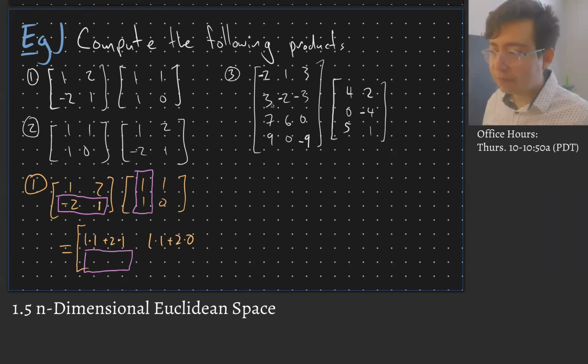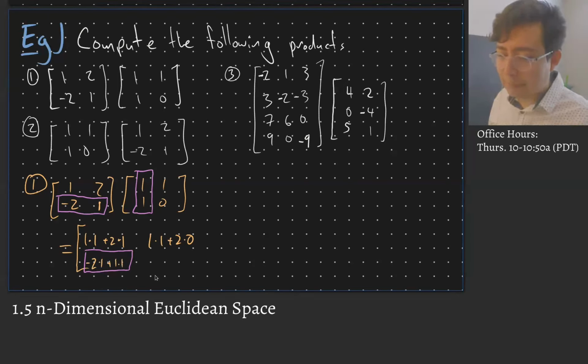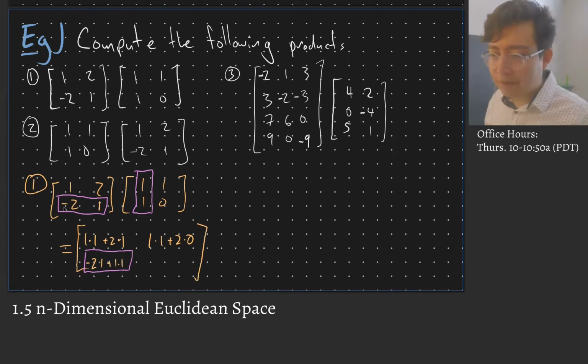The answer there is -2 times 1 plus 1 times 1. Now I have one last entry to figure out: the second row and second column. So I get -2 times 1 plus 1 times 0.